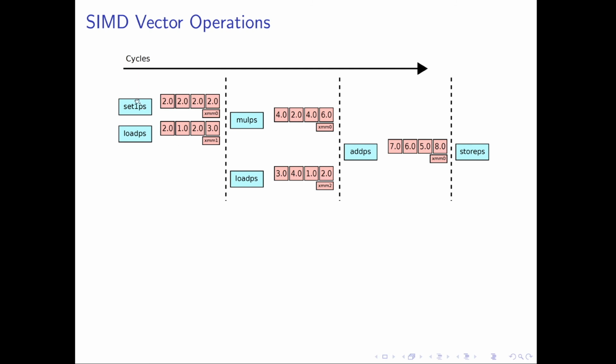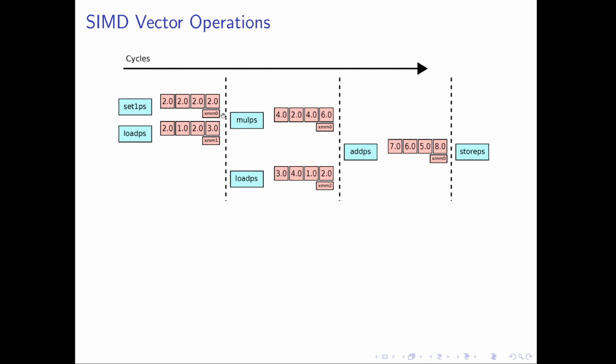As you can see here, I have those special instructions, suffixed with PS, and the suffix PS means packed, which refers to using vector registers, and the S signifies we're dealing with single precision floating point numbers. And then, as you can see, I have those vector registers, which with SSE are usually called XMM0, XMM1, XMM2, and so forth.